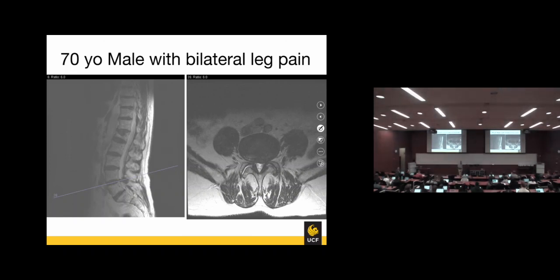Here's an example of a 70-year-old with bilateral leg pain. This is a triangular canal, and as you know from anatomy, the canal was an oval, okay? And why is it triangular? It's because this facet is hypertrophied, pushing the capsule and the ligamentum flavum in this direction.